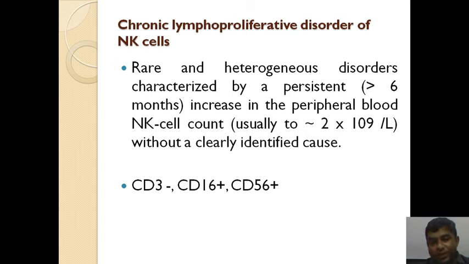Tumors can arise from NK cells, which are natural killer cells. We call this chronic lymphoproliferative disorder of NK cells, and their markers are CD16 and 56. So this CLPD of NK cells is positive for 16 and 56, but negative for CD3, which is a T marker.